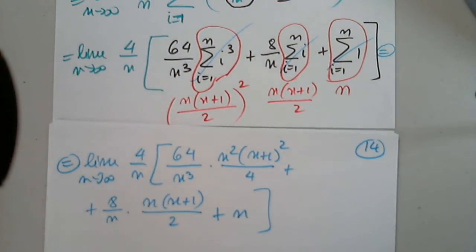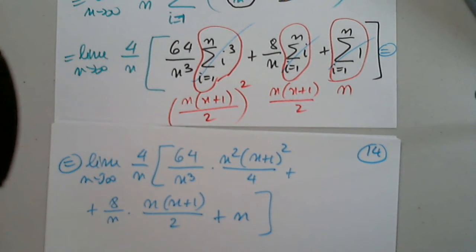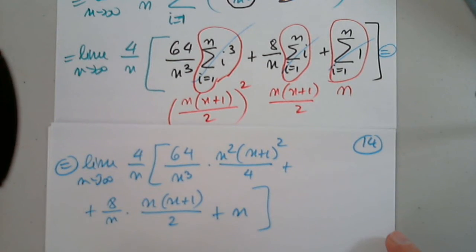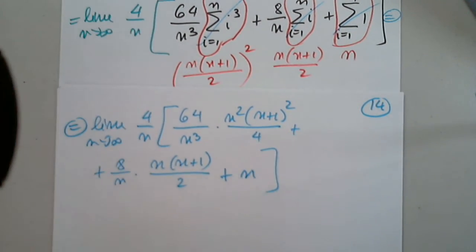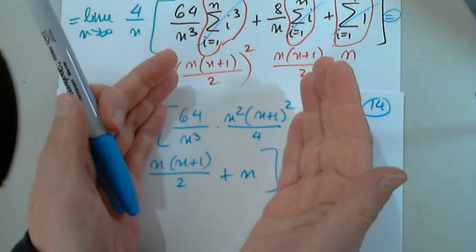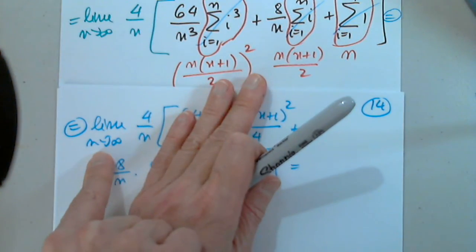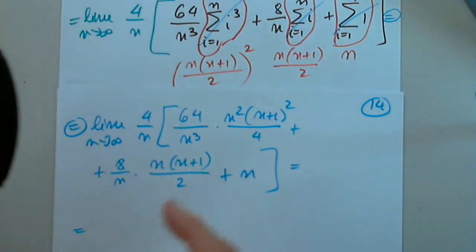That's why we can only work on linear, quadratic, and cubic. Okay, next. Now I'm trying to simplify as much as possible, change this into a ratio, multiply by 4 over n, and find the limit. So this is only algebra now.